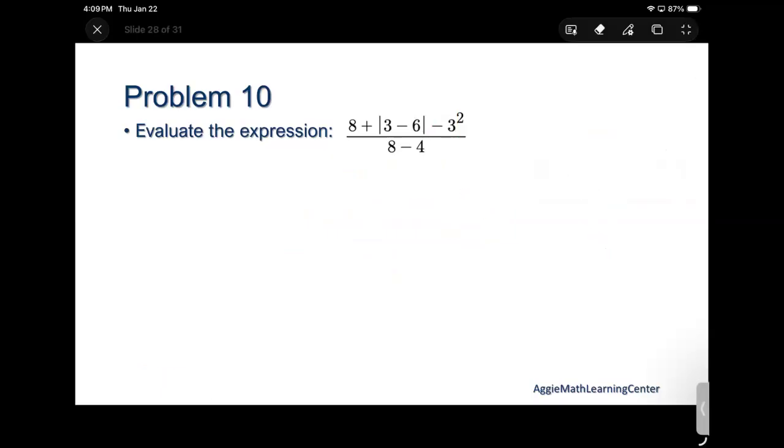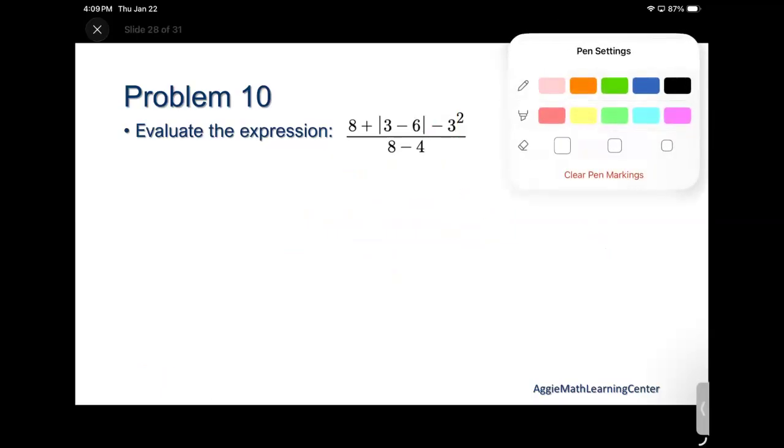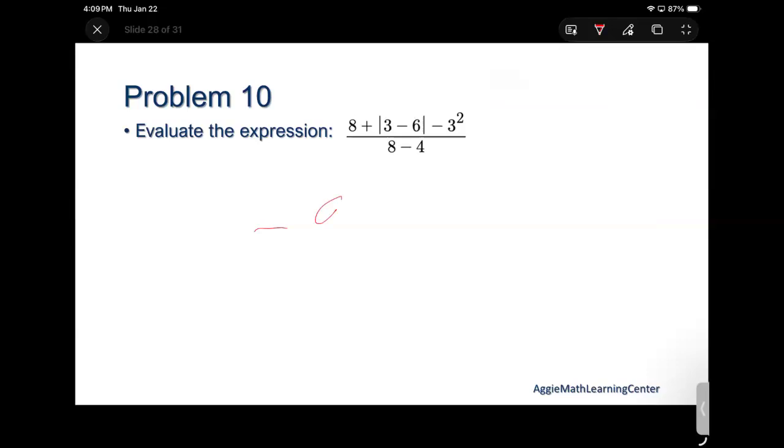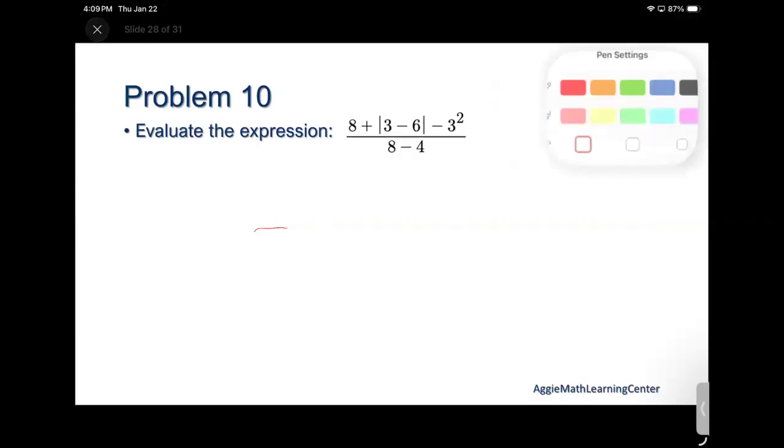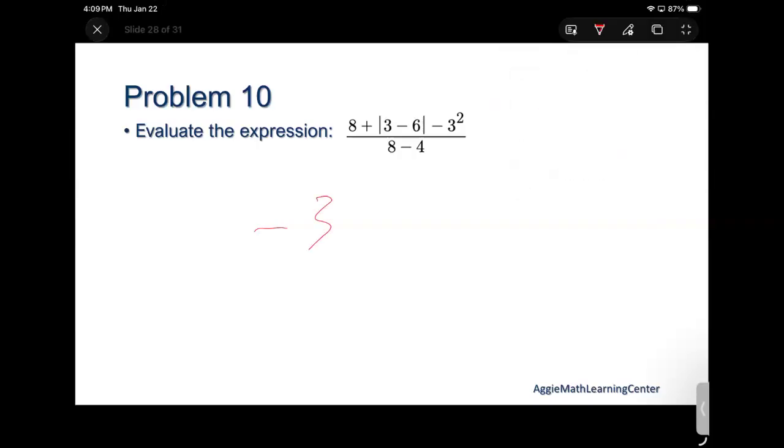If we have, sorry, I keep messing up. Minus 3 squared versus negative 3 squared. So we look at this, a minus sign, a negative sign is essentially just a subtraction sign, right? We're subtracting 3 squared.